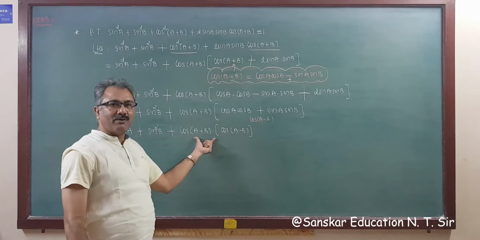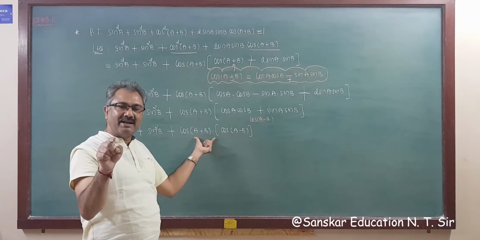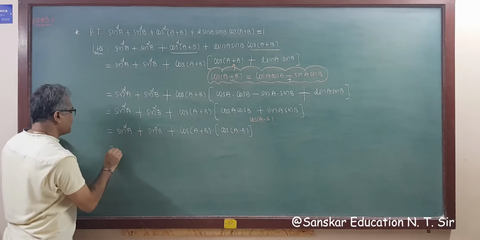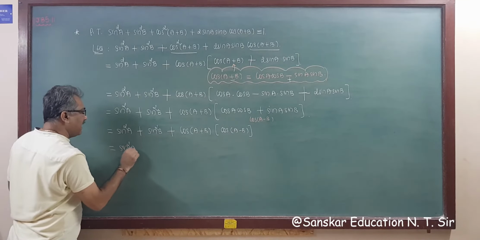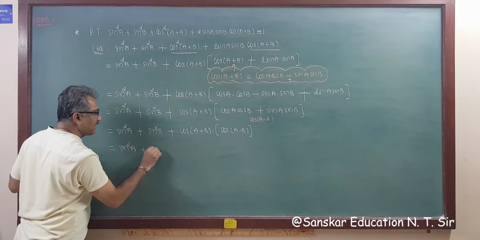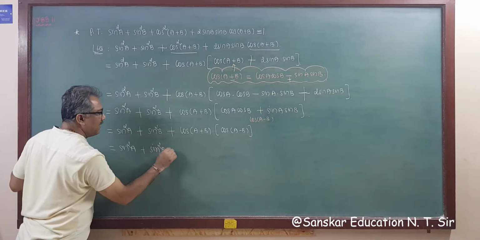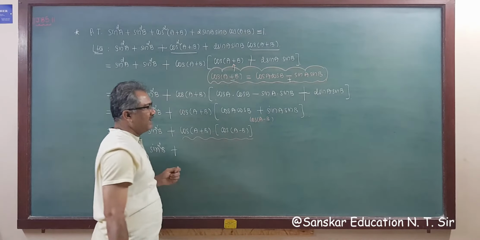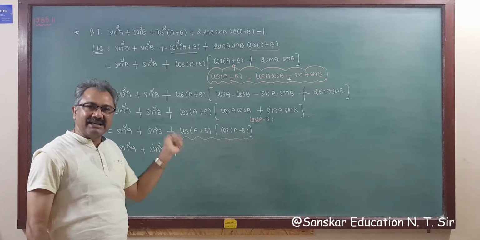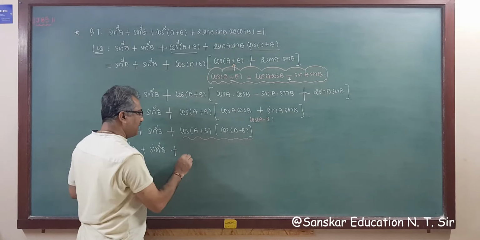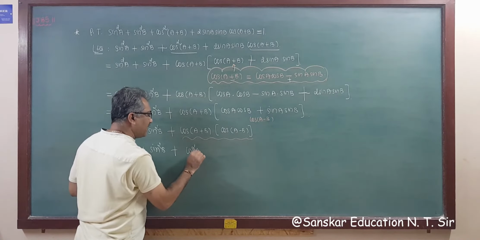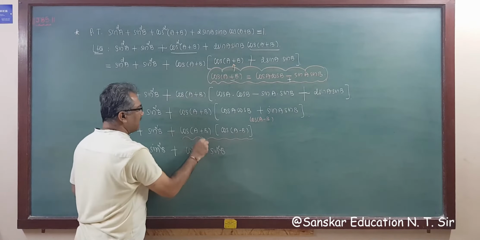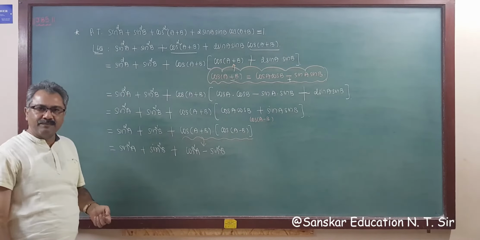So cos(a plus b) cos(a minus b) is cos square a minus sin square b, right? So I am writing directly here: this is cos square a minus sin square b. This is a standard formula, so no need to write again.